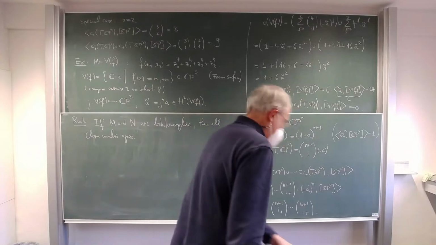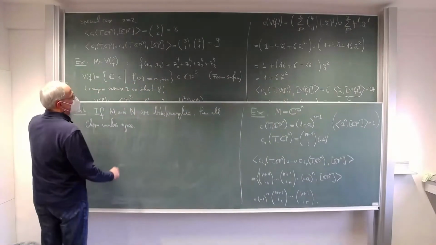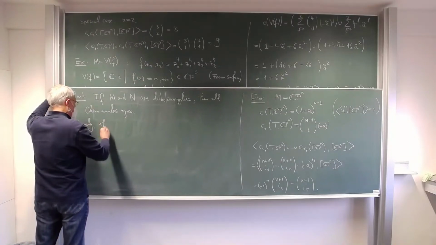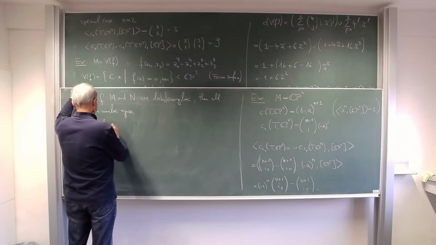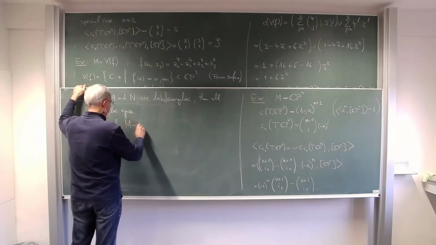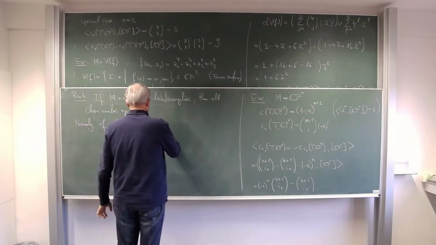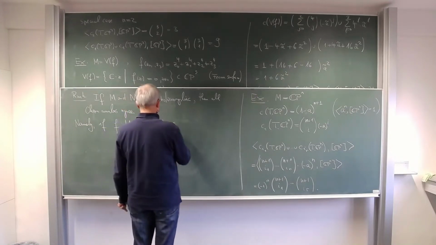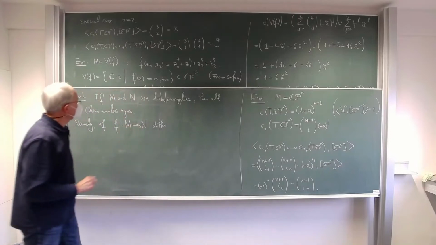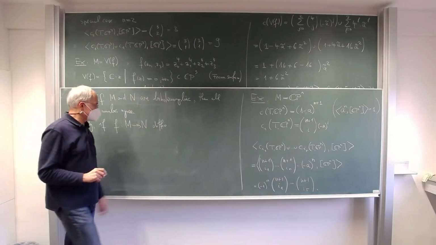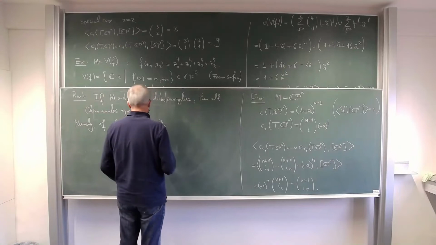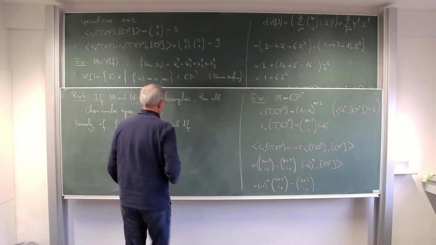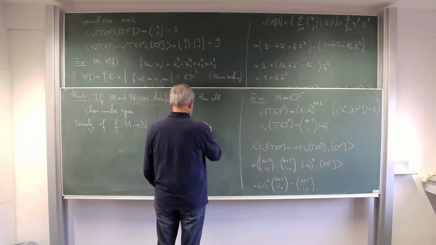And why? Well, suppose we have such a biholomorphism. So F is a diffeomorphism from M to N, which is biholomorphic, so holomorphic in each direction, meaning the differential respects the complex structure of the tangent bundle, such that dF is C-linear.